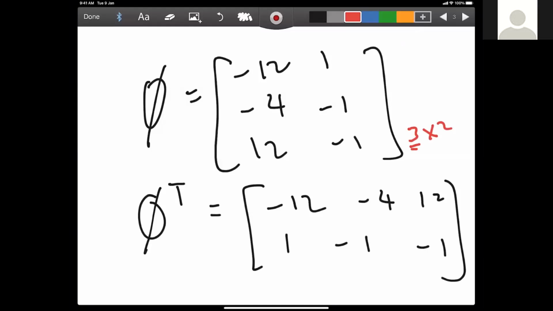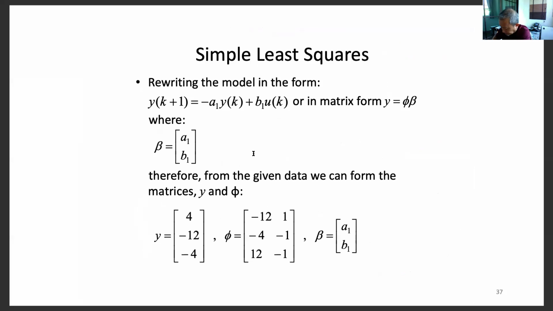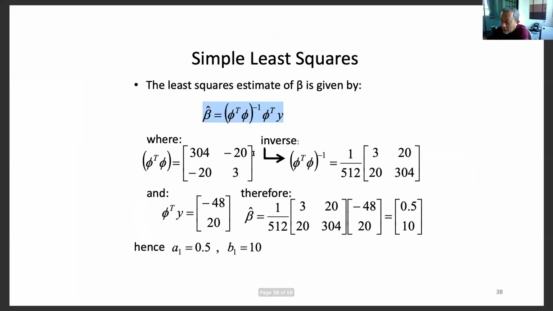And the transpose is 2 multiply 3, 2 rows multiplied by 3 columns. So that is the theta transpose. Now you have to proceed with the multiplication.